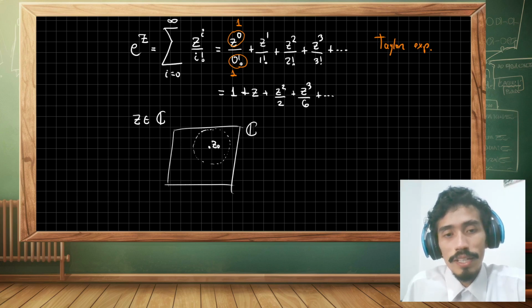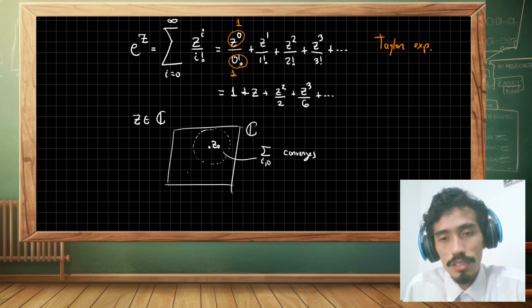And by that I mean that the series converges. So this series is convergent, and outside it doesn't converge. So outside it doesn't make sense to talk about this series. Inside the neighborhood it converges, which means that we can have this infinite sum.